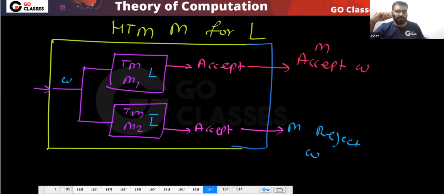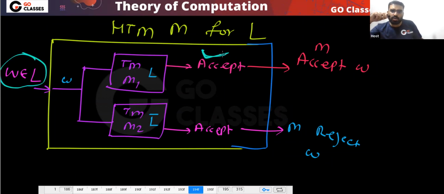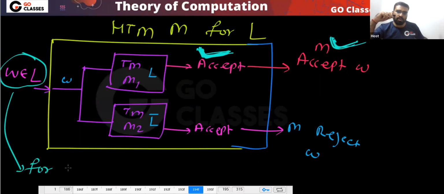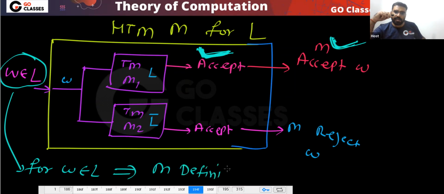If W belongs to L, can I guarantee I will halt? Definitely this will happen. Agree or not? So for W belonging to L, M definitely halts and accepts.